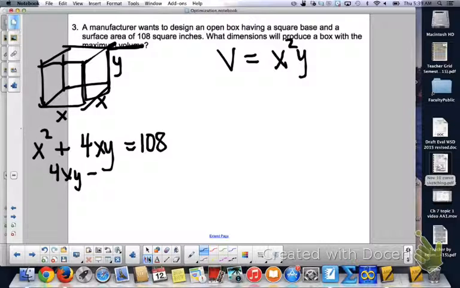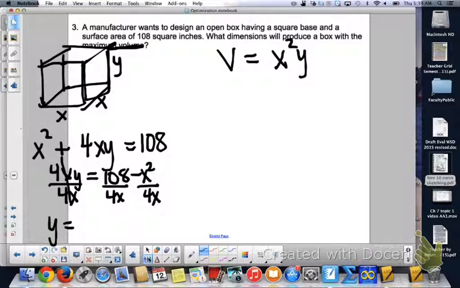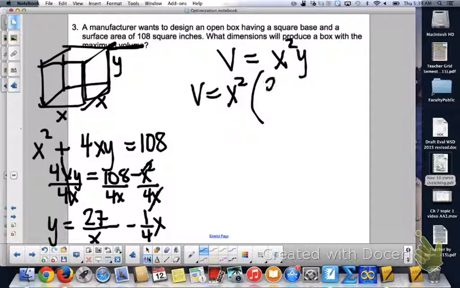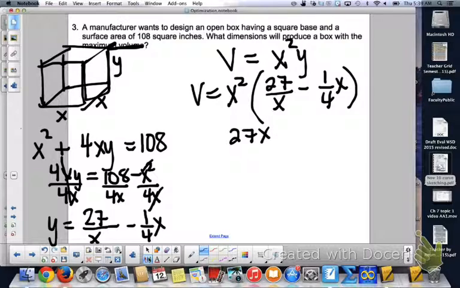So 4xy equals 108 minus x squared, and then divide by 4x. So y equals 27 over x minus 1/4 x. When we plug that in, volume equals x squared times (27 over x minus 1/4 x). Distribute that, you're left with 27x minus 1/4 x cubed.